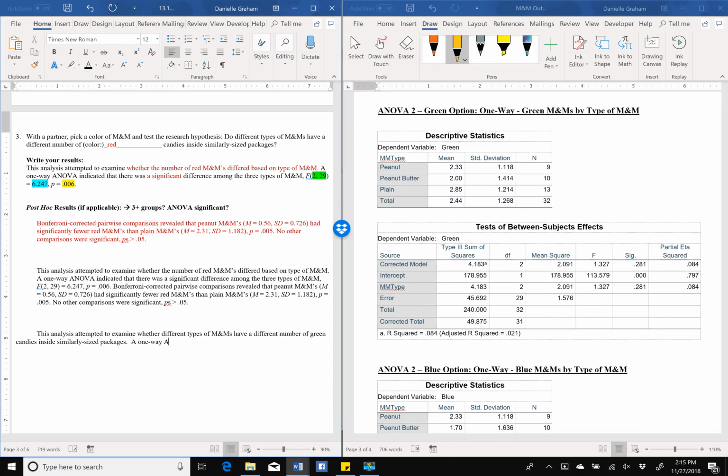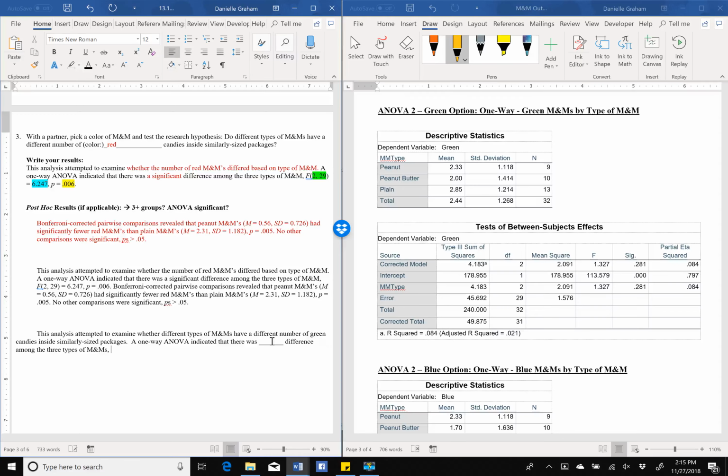A one-way ANOVA indicated that there was, okay, so then we have the blank, is it significance or not, difference among the three types of M&Ms.